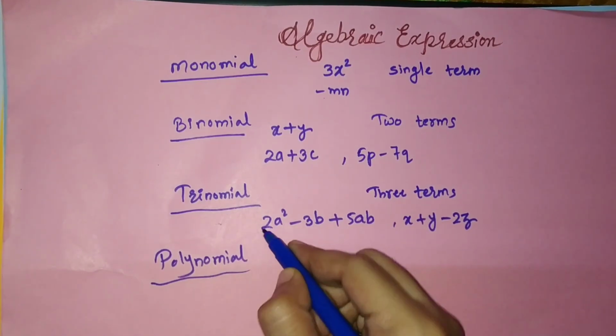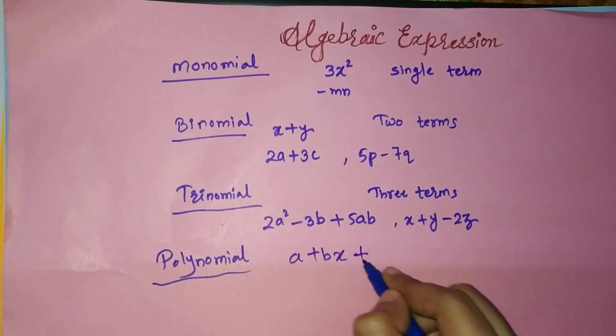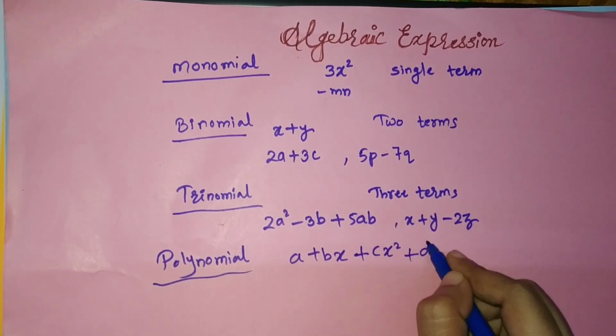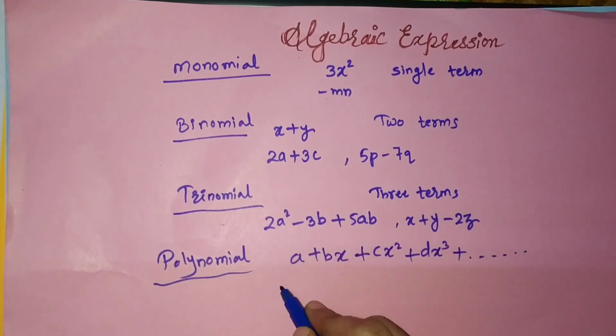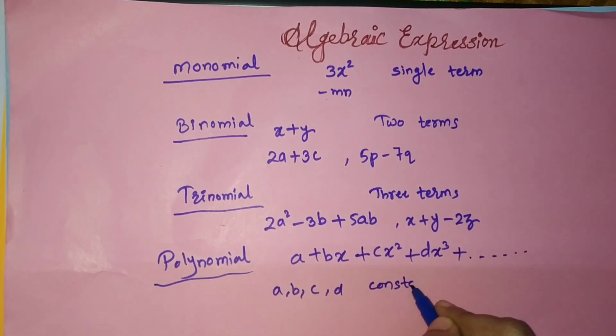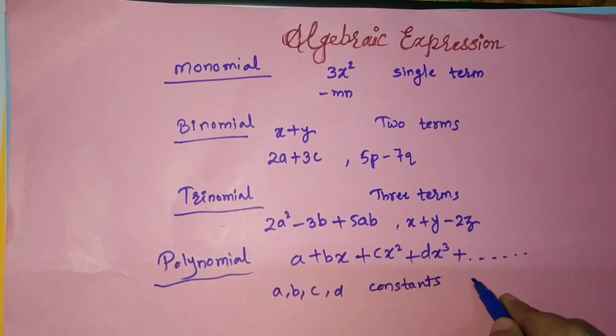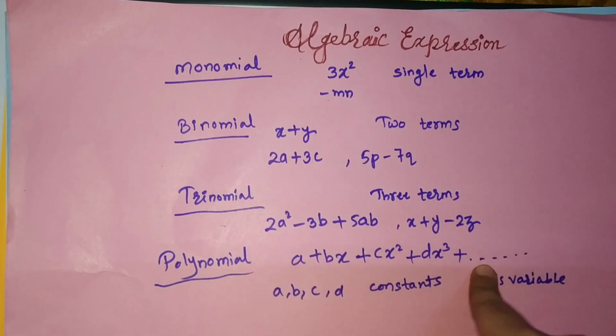So if we have an algebraic expression in the form a plus bx plus cx square plus dx cube and so on, here a, b, c, d are the constants, and here x is what? Variable. Such an algebraic expression we can call a polynomial in x.